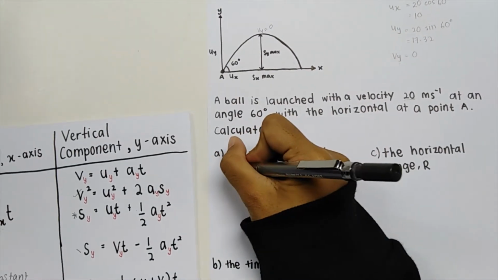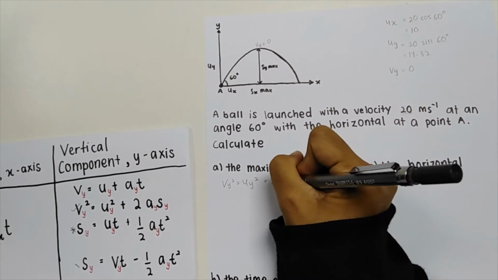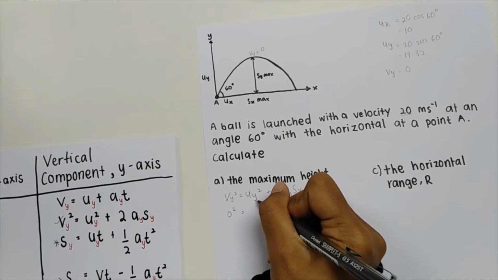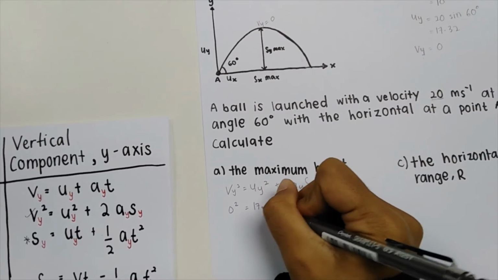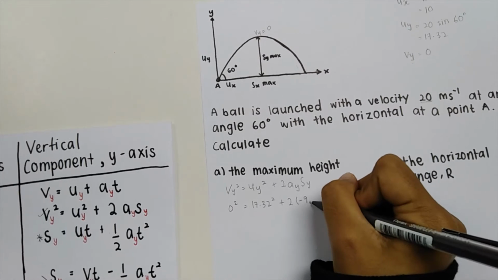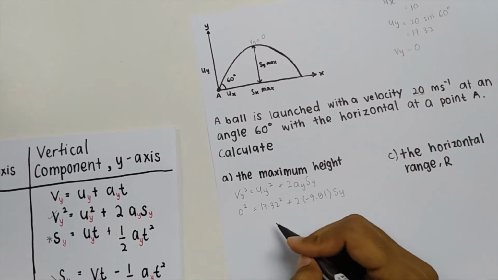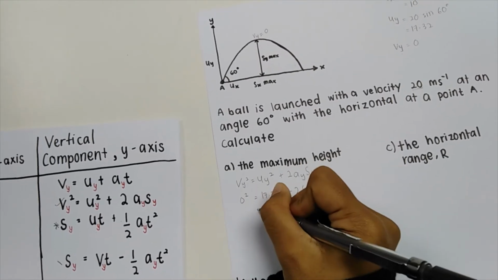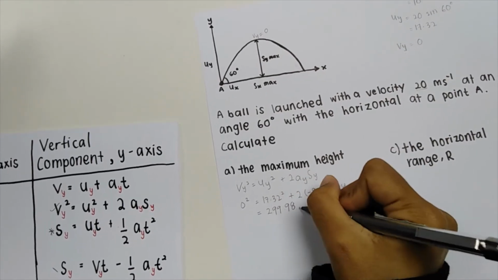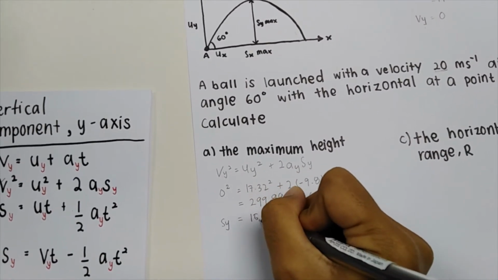We just copy the equation: Vy squared, which is 0 squared, equals Uy squared, 17.32 squared, plus 2 Ay, where Ay equals negative 9.81 because this is gravity, times Sy. Calculating all of this in the calculator, I will make it faster, we find Sy is 15.3 meters.